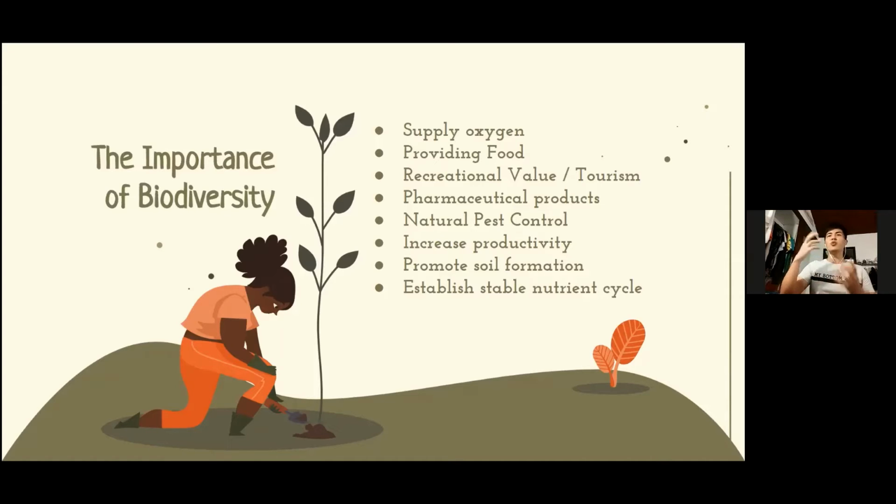So when the leaf falls, all these microbes and earthworms will break down the tissues and the organic matter. These will be available for the plants to grow again.